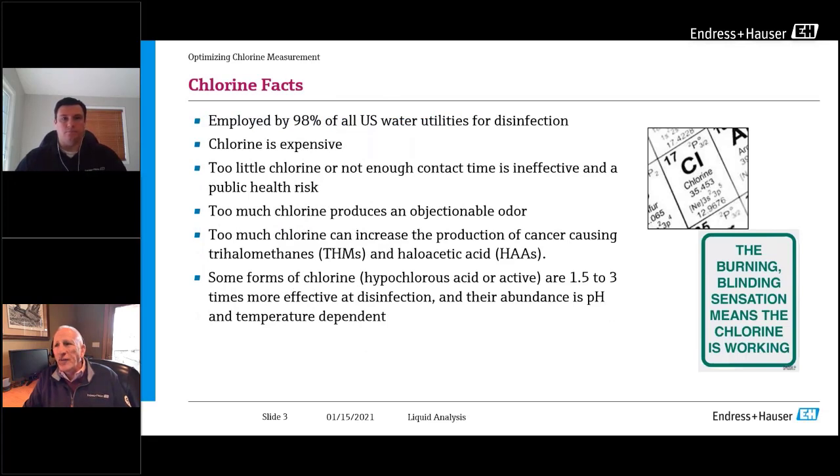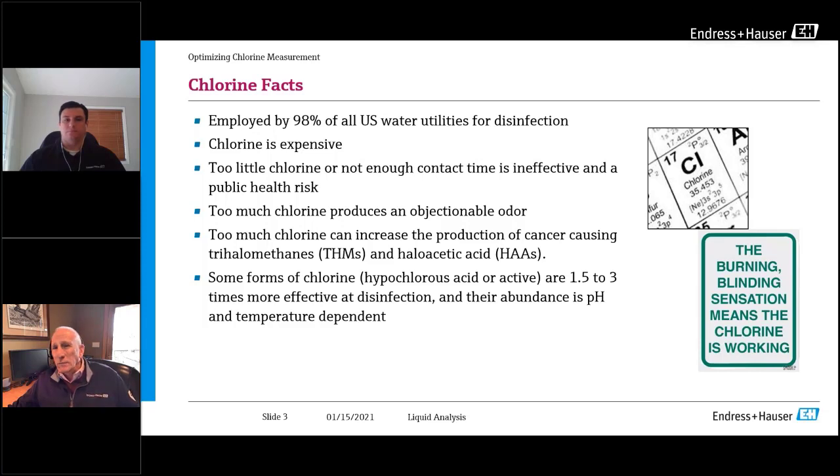So a few facts about chlorine. Chlorine is really used by the vast majority of operations or water plants in the US. Virtually 98% of all water utilities in the US are using chlorine for disinfection. Chlorine is expensive. You have to be able to control it in order that you don't waste money or over chlorinate.